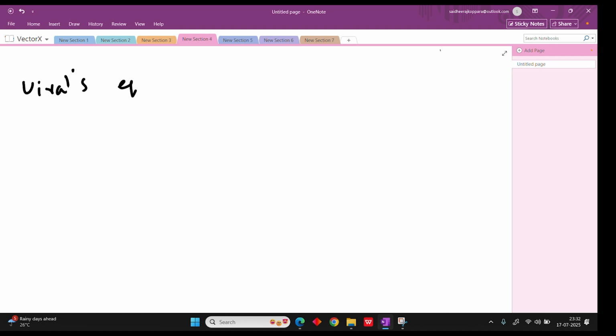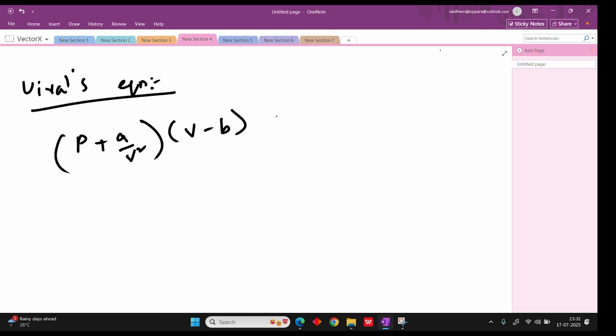Viral's equation is very simple. Your (P plus A by V square) times (V minus B) equals RT. Then your PV minus PB plus A by V minus AB by V square equals RT.